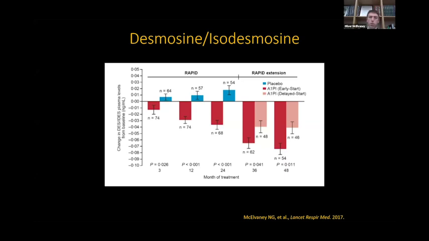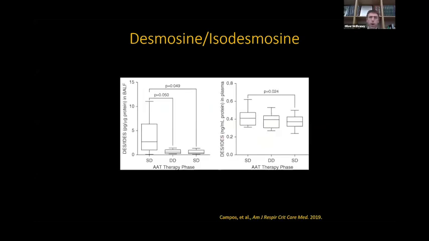The best we've been able to do of late with regard to measuring elastin breakdown with desmosine and isodesmosine is seen in Michael Campos's paper on double dose augmentation. The main drawback to its use is that only certain centers have the capacity to measure it. So from the point of view of integrating it into multi-center studies, that can be quite a challenge at times if there is an issue with access to the test.